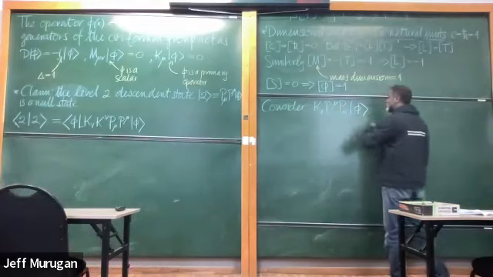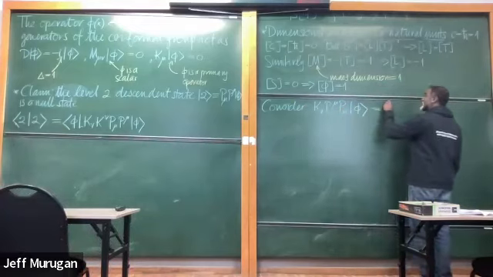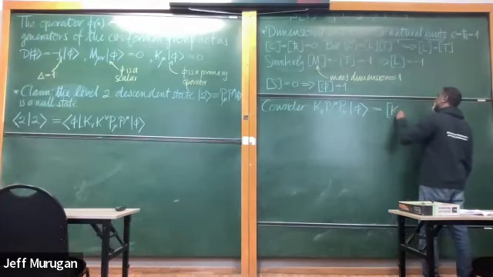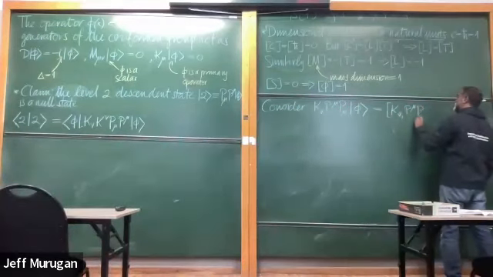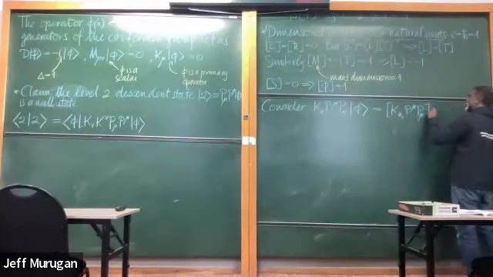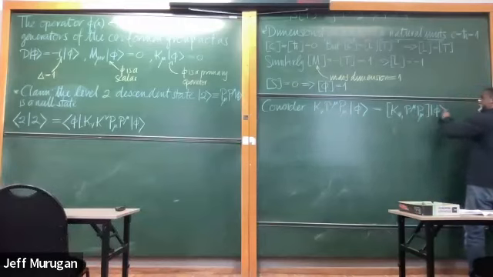Because k mu acting on phi is 0. So this is just the commutator of k mu, p mu acting on phi.